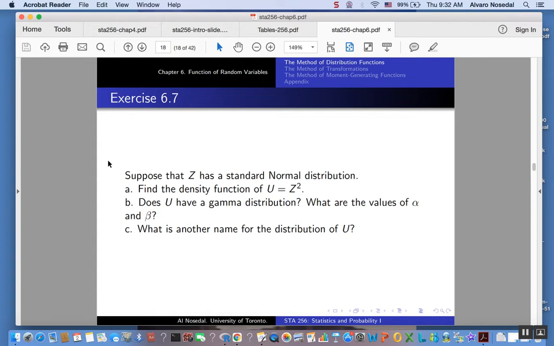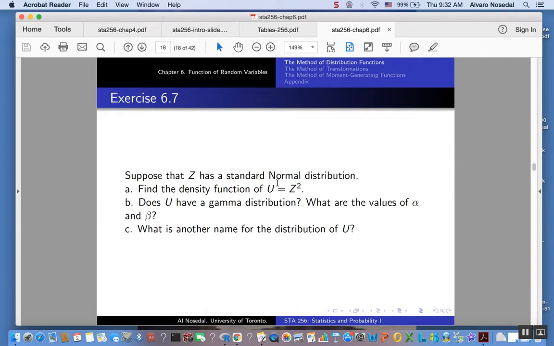Now, we're going to be transforming this original random variable z. We're going to be squaring it, and we're going to be labeling that transformation as u. That's our new random variable. So, what we would like to do is finding the probability distribution of u.